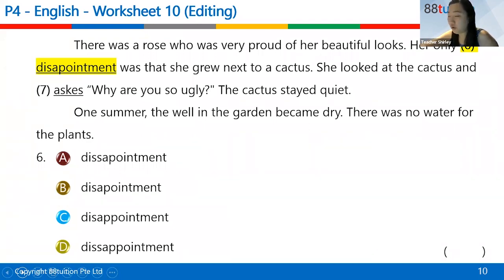There was a Rose who was very proud of her beautiful looks. We are looking from a third person point of view. Is it even a person? It doesn't seem like a person because Rose is a flower. Either way, we are looking from a third party point of view.